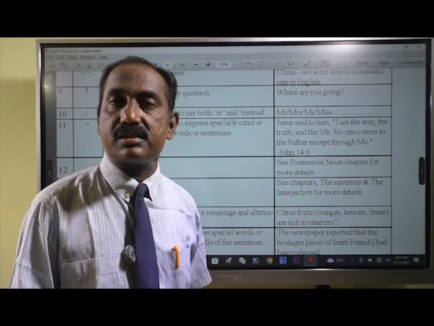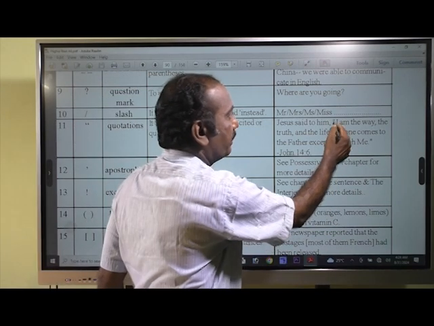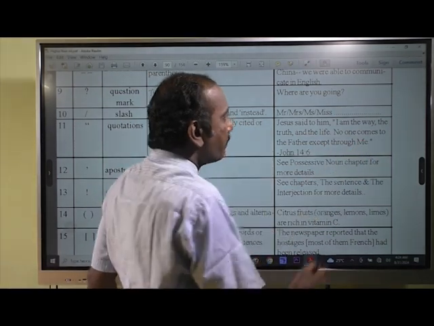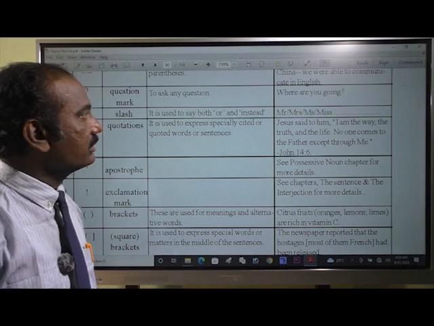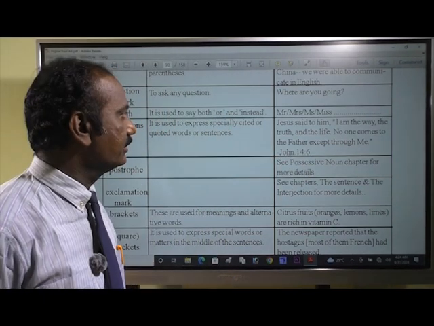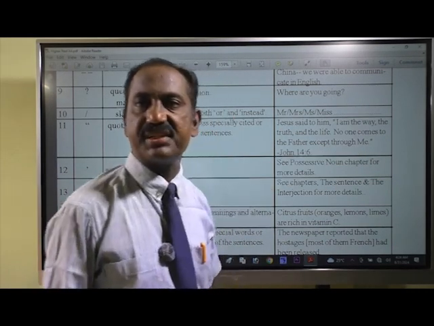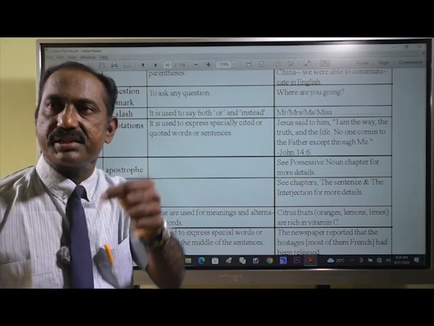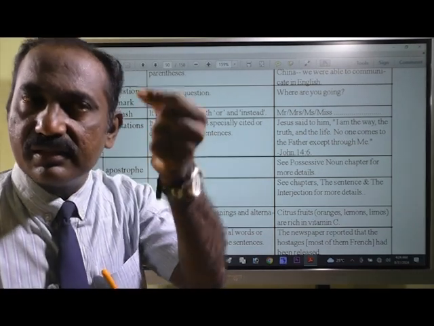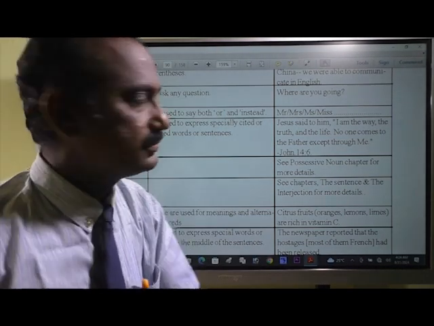The reporting speech part must be kept in between quotations. "I am the way, the truth and the life. No one comes to the Father except through me," Lord Jesus said in the book of John 14:6. This is the way of using quotations, to express a special phrase in a sentence or a special sentence in a paragraph.